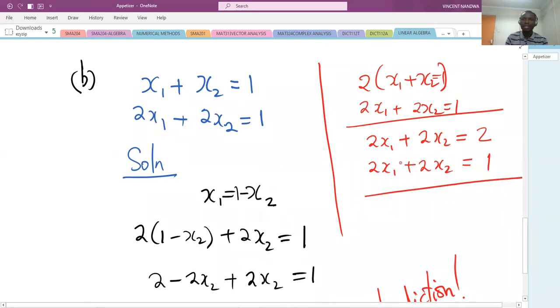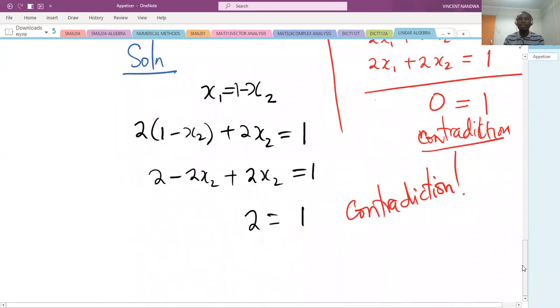If I subtract, I have 0 equals 1, because 2x1 minus 2x1 is 0 and 2x2 minus 2x2 is 0. So 0 equals 1, which is still another contradiction. 0 cannot be the same as 1.